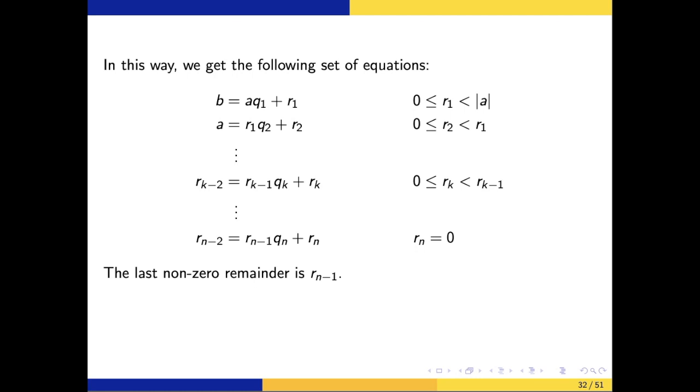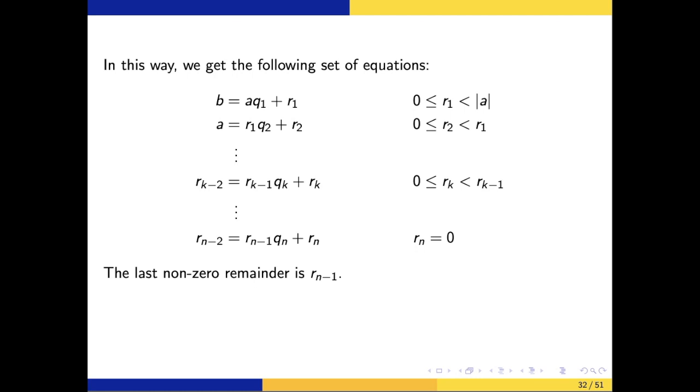And the very last equation will be R sub n minus 2, which equals R sub n minus 1 Qn plus Rn, where Rn is taken to be 0. And so the last non-zero remainder is R sub n minus 1.